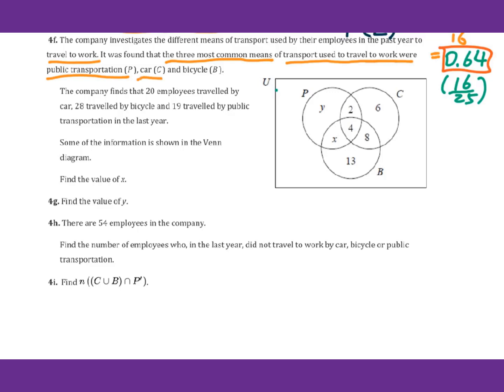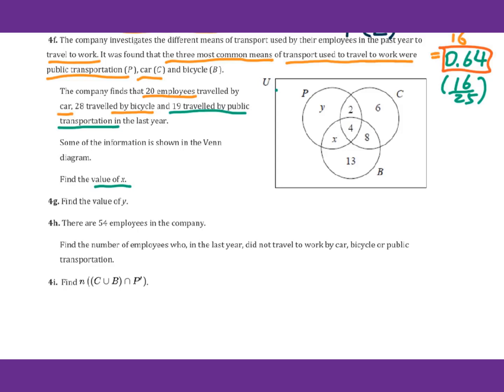The company finds that 20 employees traveled by car, 28 traveled by bicycle, 19 traveled by public transportation in the last year. Some of the information is shown in the Venn diagram. Find the value of X.